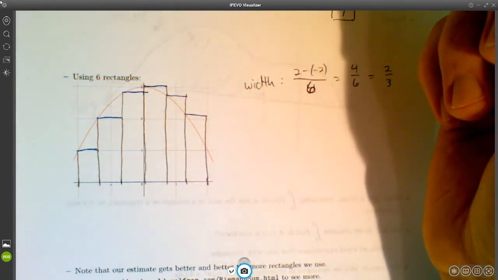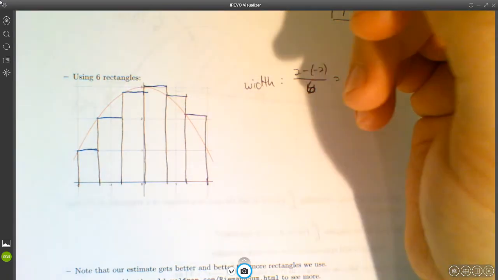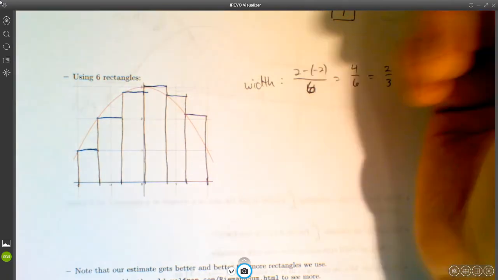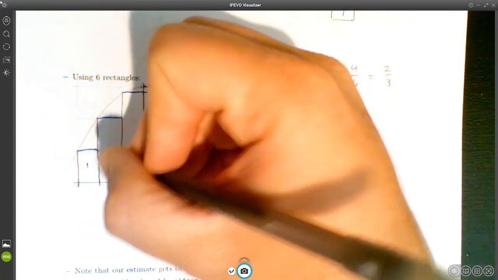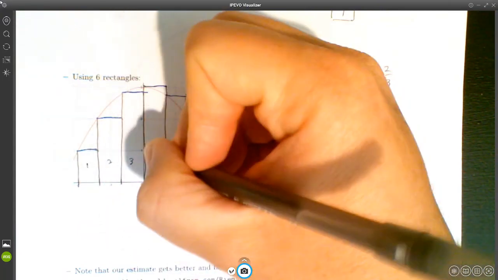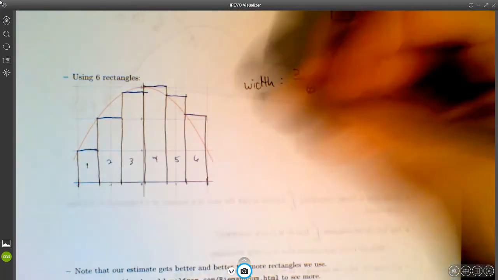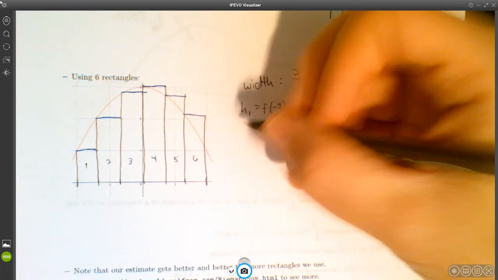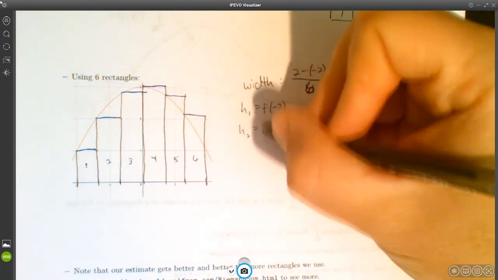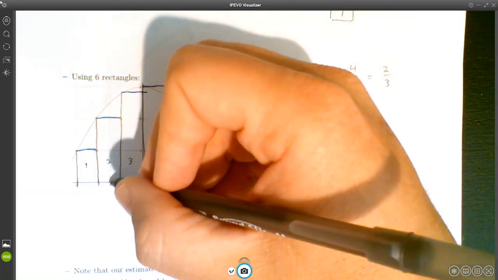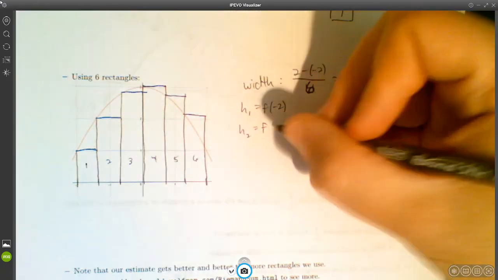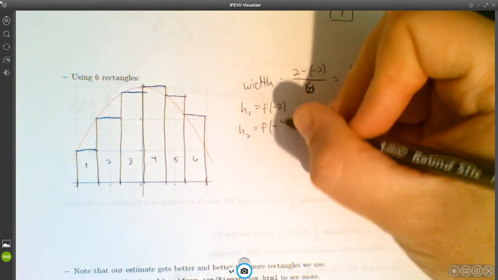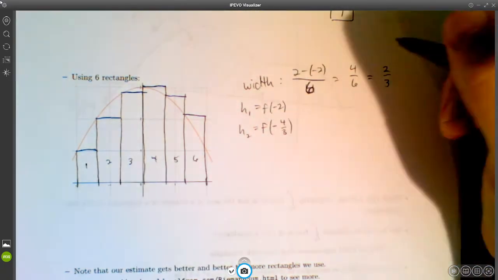I suppose I should find the height of each of these things. Some of them are obvious, some are not. So again, I'm going to label these rectangles 1, 2, 3, 4, 5, and 6. The height of rectangle 1 is going to be f of -2. The height of rectangle 2 is going to be f of, well, -1 and 1/3, right? So -4/3.